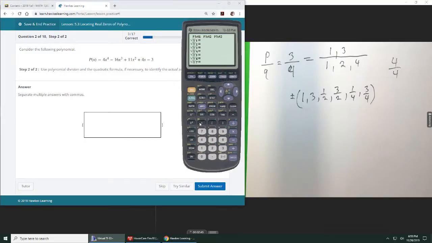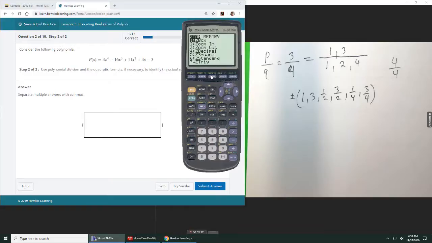And then we'll do 4x to the 4th minus 16x raised to the 3rd plus 11x squared plus 4x minus 3 on the graph, and we'll get an estimate about where these might be.